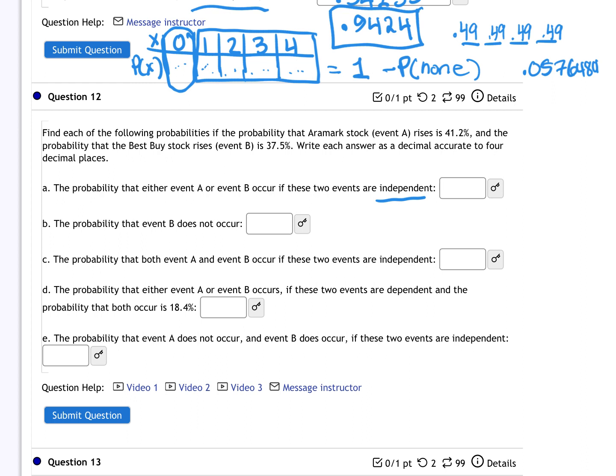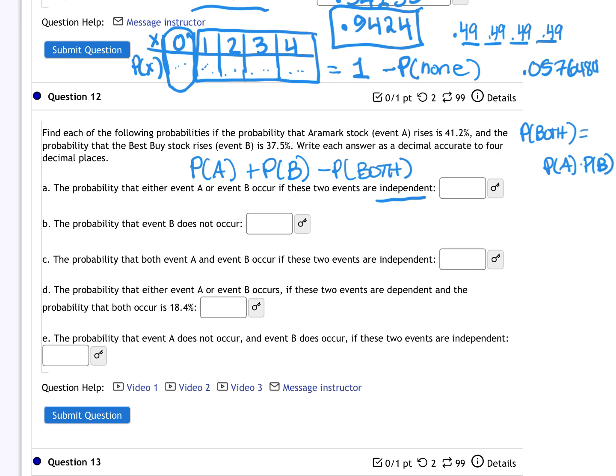It's different than mutually exclusive, but the probability of A or B is the probability A plus the probability of B minus the probability that they both rise, right? If they're independent, the probability that they both rise at the same time is just the probability that A happens and the probability that B happens, right?